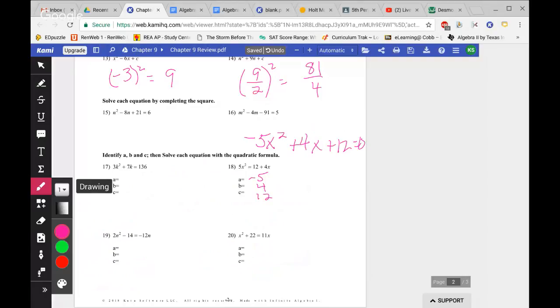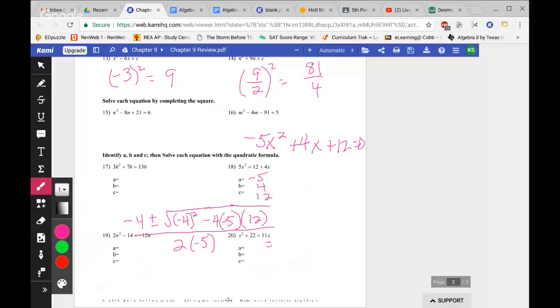So all we have to do at this point then is plug in our values into the quadratic formula. So we have the opposite of B, which is -4, plus or minus the square root of 4 squared minus 4 times A, which is -5, times C, which is 12, all over 2 times A, which is -5.